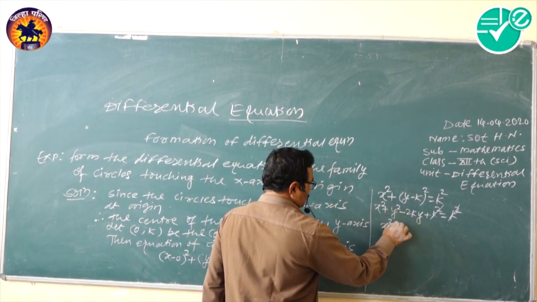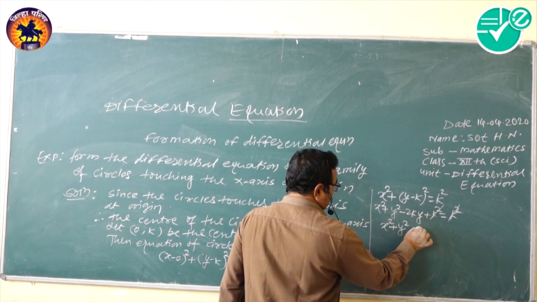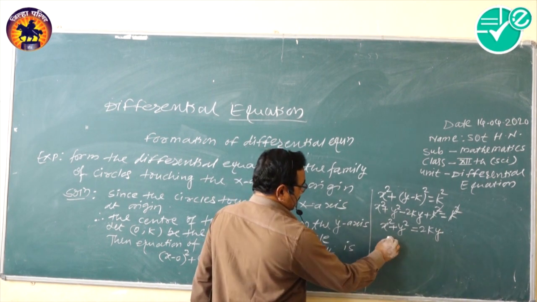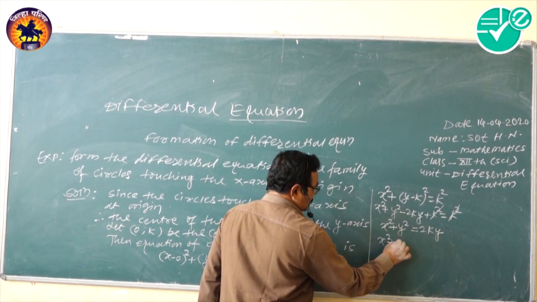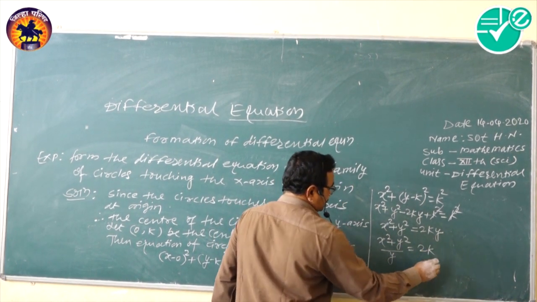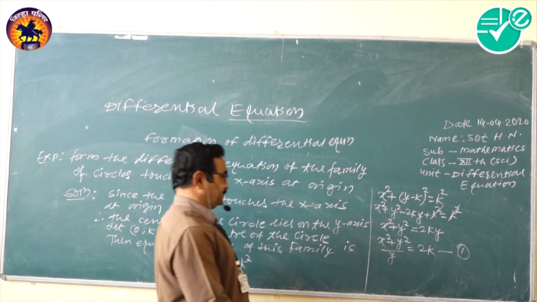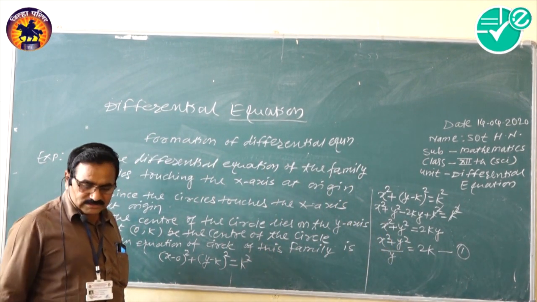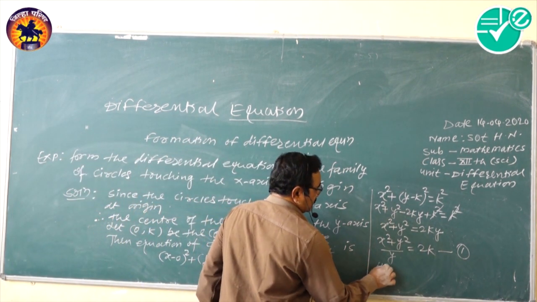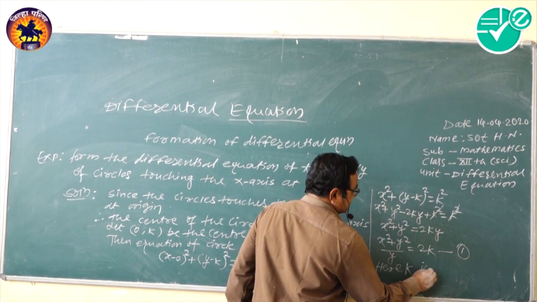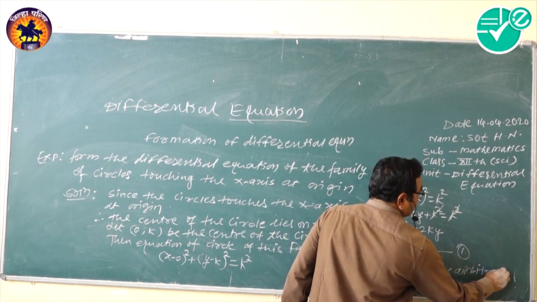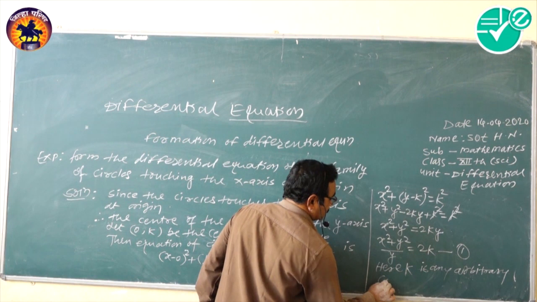Remains only x square plus y square equal to 2ky. After this, x square plus y square upon y equal to 2k. This is equation number 1. By solving this, we eliminate k, here k is any arbitrary constant.